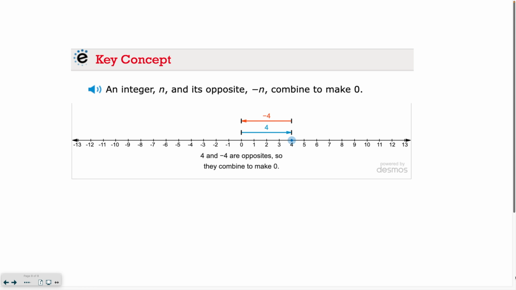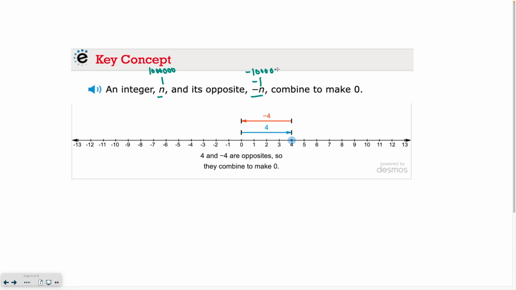And that brings us to our key concept of the day. This is what we've been talking about the entire lesson. Any number or integer and its opposite combine to make 0. Okay, so in this case, it used some variables rather than concrete numbers, but you could say 1 and -1, or you could say 1,000,000 and -1,000,000.